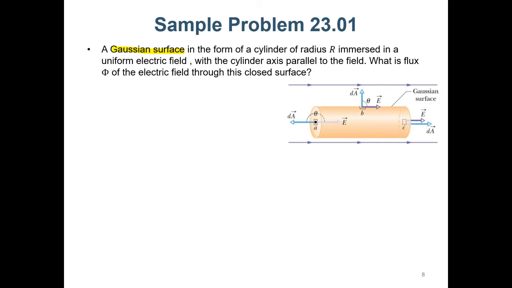In the form of a cylinder of radius r, immersed in a uniform electric field, with the cylinder axis parallel to the field, what is the flux phi of the electric field through this closed surface?